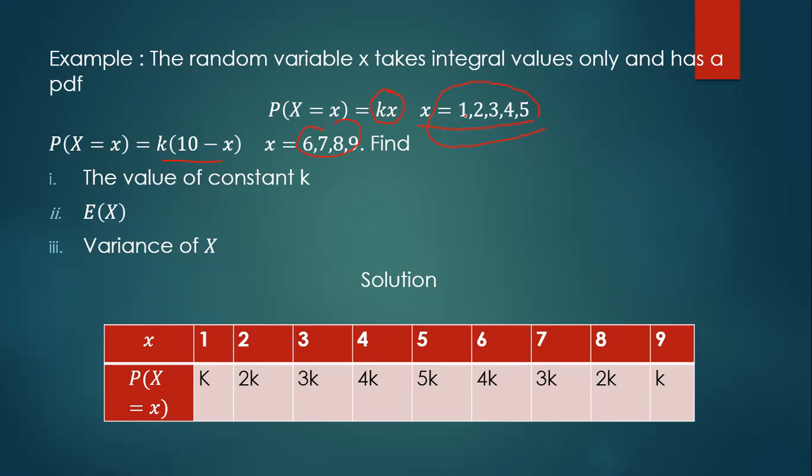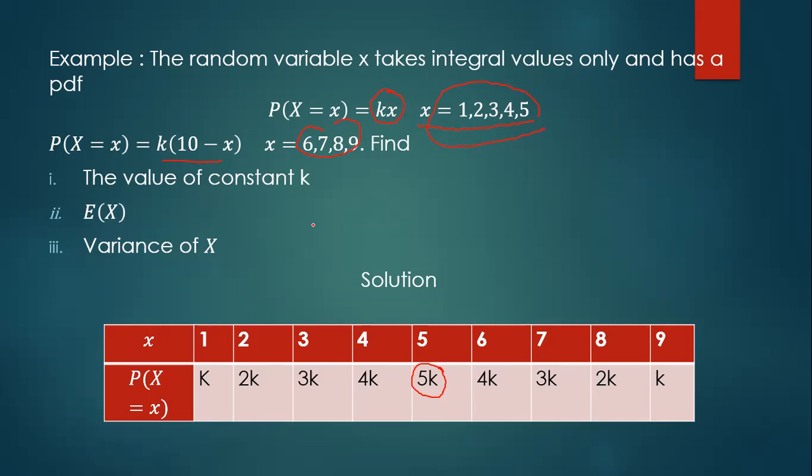K, because we get 1 times k. So when x is 2, we shall have 2k. Yes. Up to when it is 5. So when it is 5, as we can see in the table, it will still be 5k.